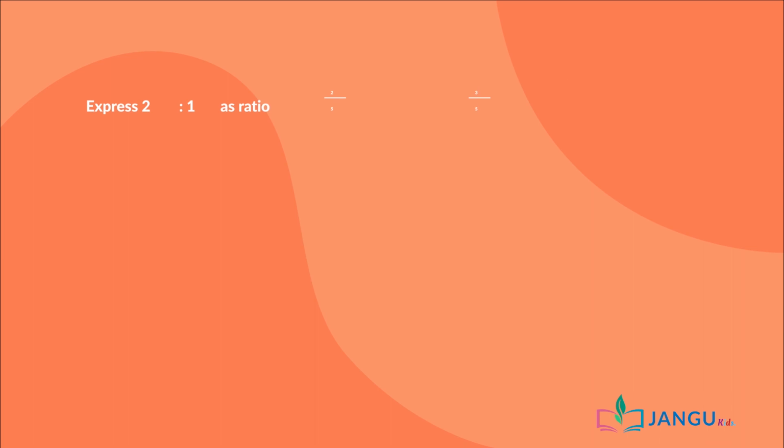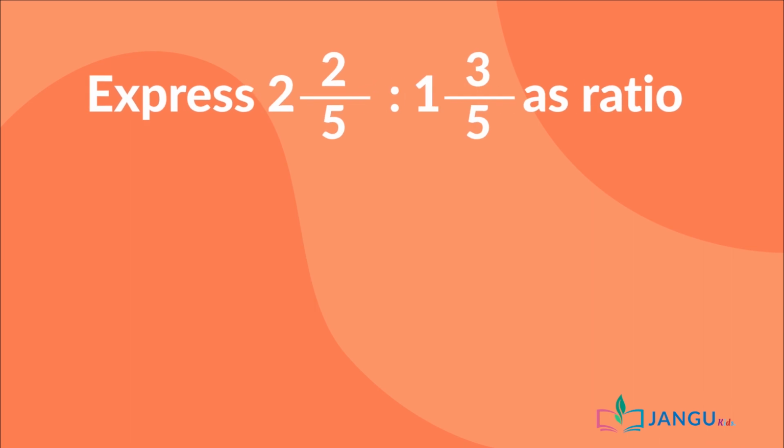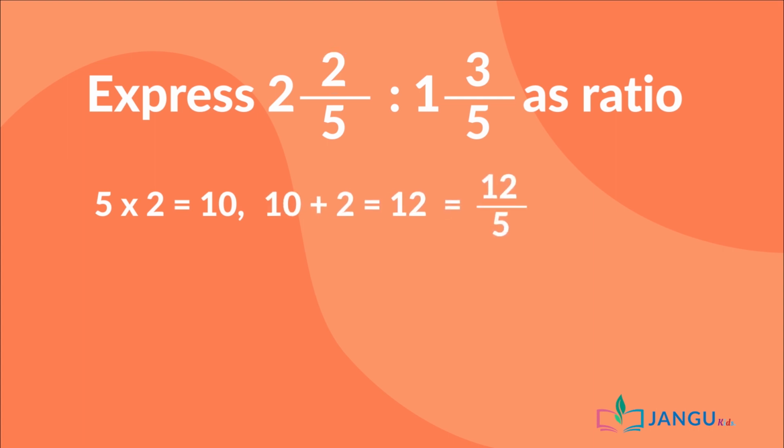Number 3. Express 2 and 2 over 5 to 1 and 3 over 5 as a ratio. To convert this, you first convert the mixed fraction into a simple fraction. 5 multiplied by 2 equals 10. 10 plus 2 equals 12. Making the first fraction 12 over 5.